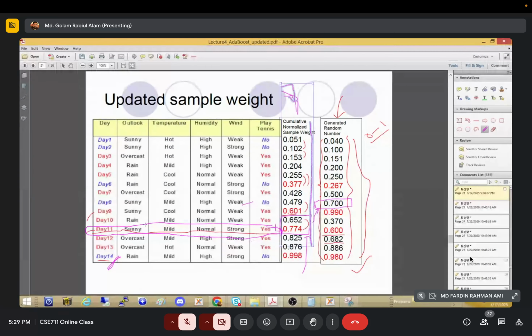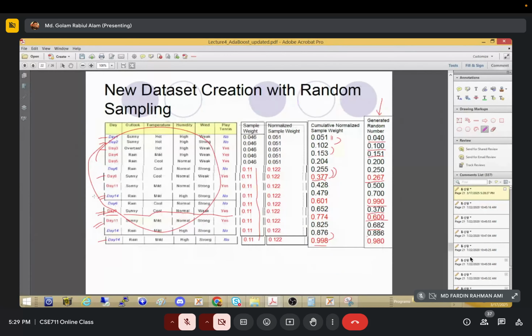So we have to copy day 11 and paste it in a new data set. We copied it from there and pasted it here.